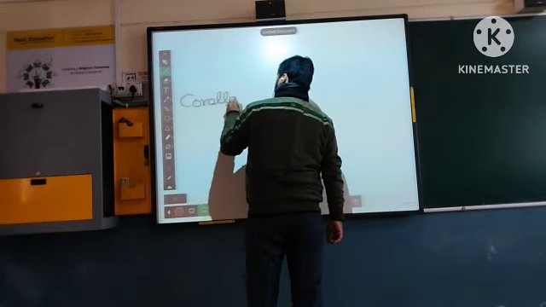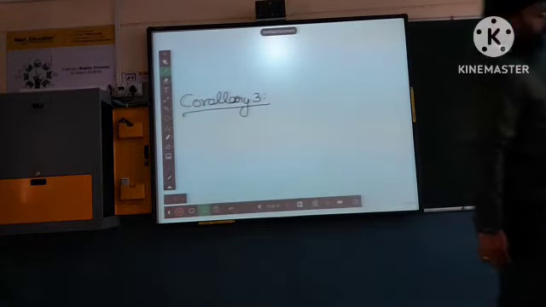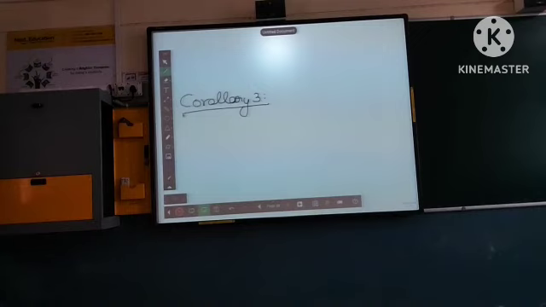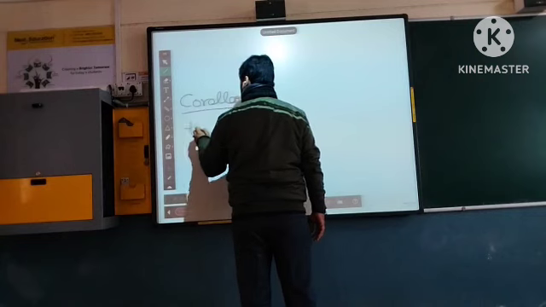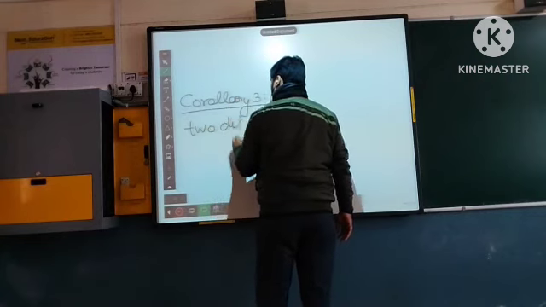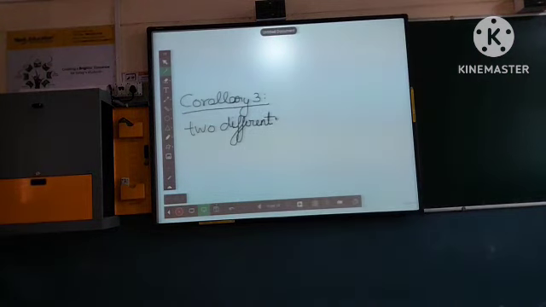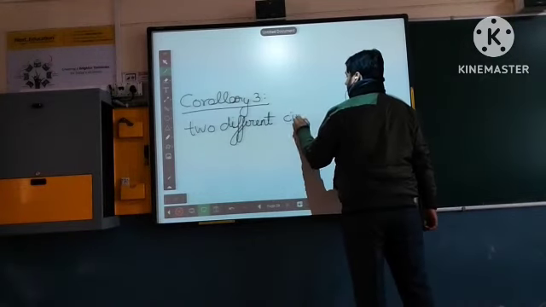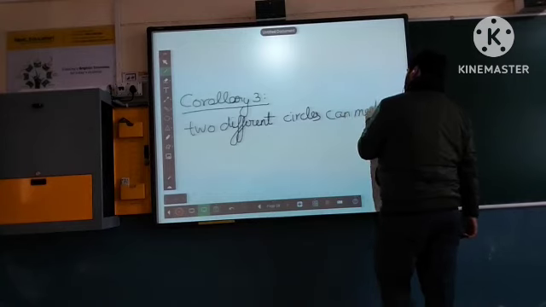Then what is corollary 3? Corollary 3 states that as there is one and only one circle passing through three non-collinear points, two different circles can meet at most in two different points. Let me write that. It says two different circles. The initial part of corollary 3 is from 15.5.